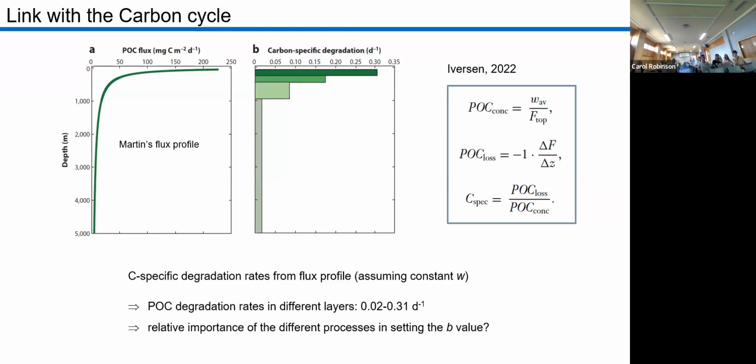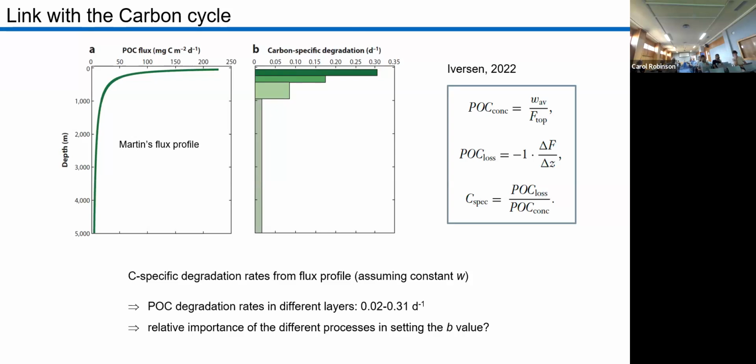So this is a plot from a paper recently published by Morten Iversen, just to illustrate that from this flux attenuation curve, here I think it's the Martin flux profile, you can estimate carbon-specific degradation rates in different layers of the water column.